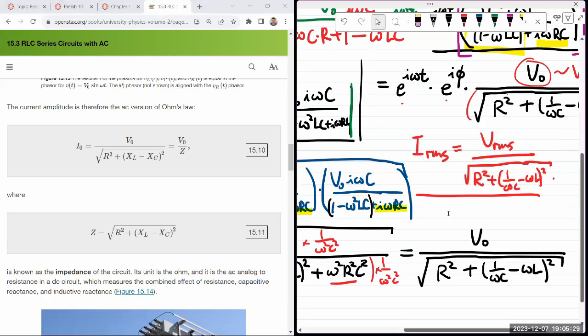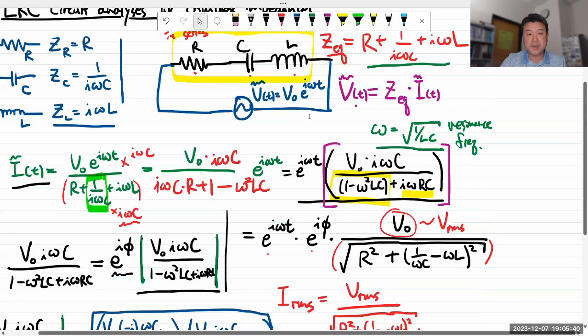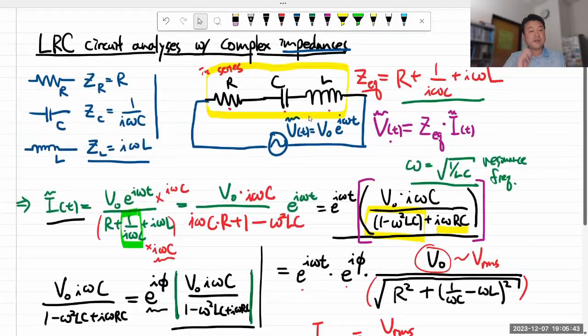So you can analyze a series RLC circuit this way, and the benefit of this approach, using complex impedance to analyze a circuit like a series LRC circuit that even your textbook covers, is that I didn't have to draw any drawing. This was just algebra.